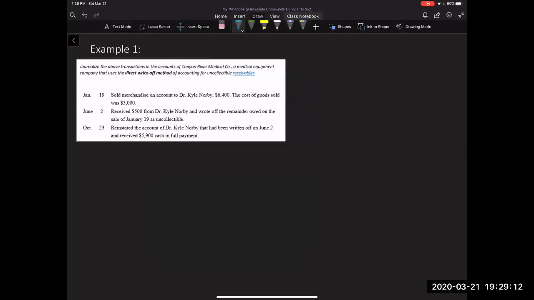All right, so on January 19th, this is what my journal entry looks like. So here we have 1/19. If I sold on account, my debit is going to be accounts receivable of the $6,400, and then my credit will be sales of $6,400.